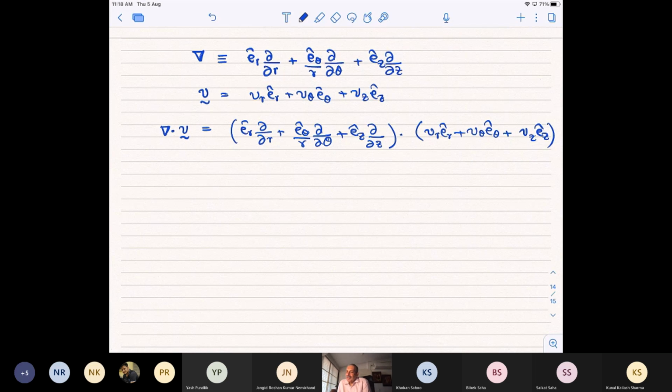And what I'll do is I will look at the derivative and the dot product separately.